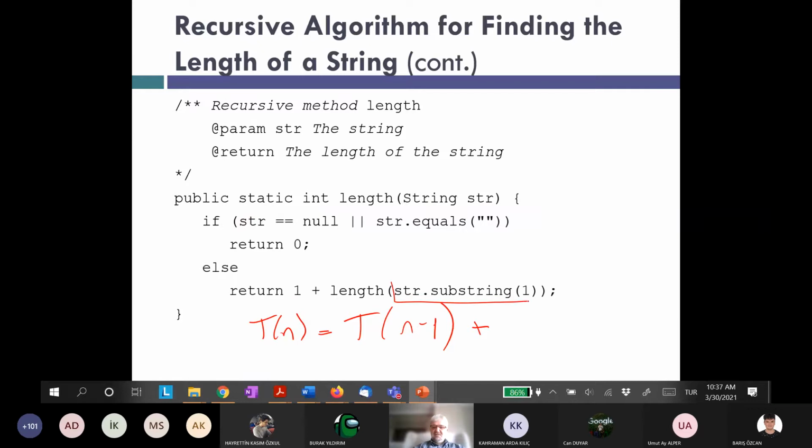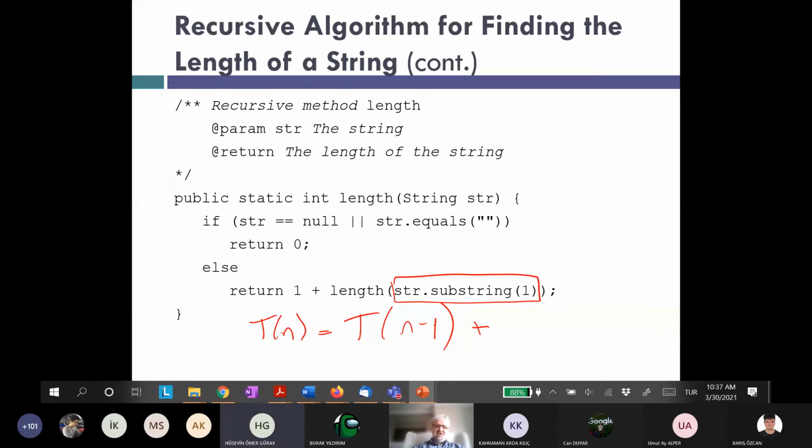But what about this substring method? How long does it take to get a substring starting from index 1? I couldn't get it. Why is it linear time? Because it's checking all members of the string.